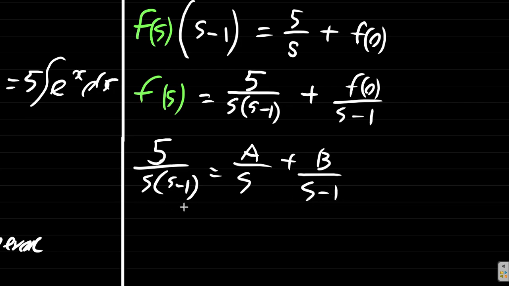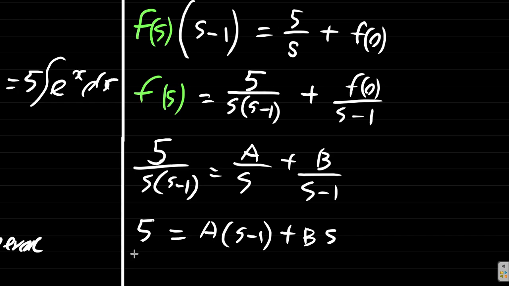Now if you multiply both sides by s minus 1, we have 5 equals A times (s minus 1) plus B times s. Then if we let s be equal to 1, we have 5 equals 1 minus 1, that's 0, A disappears, B times 1 is B. So B is equal to 5, alright?